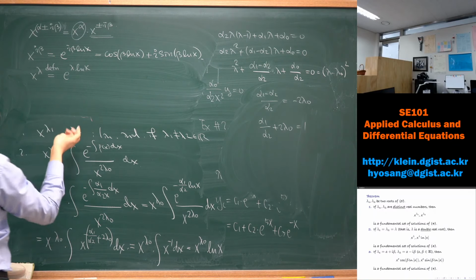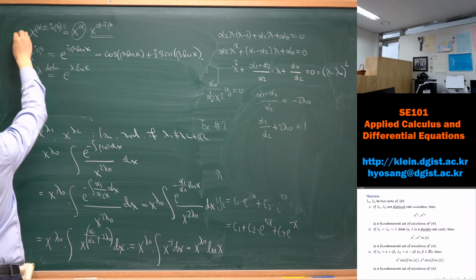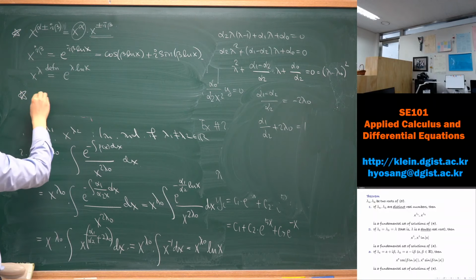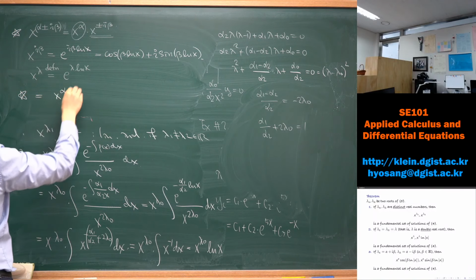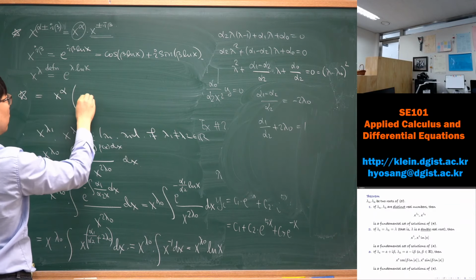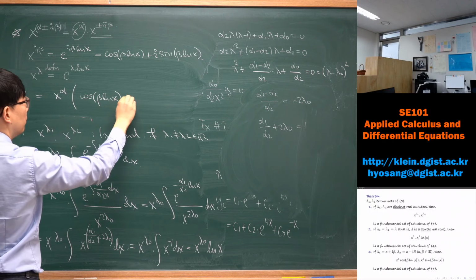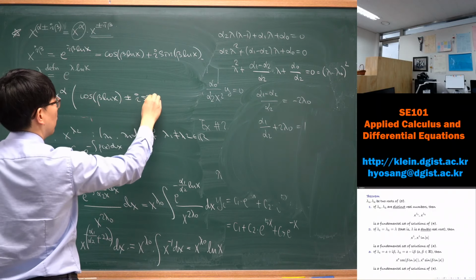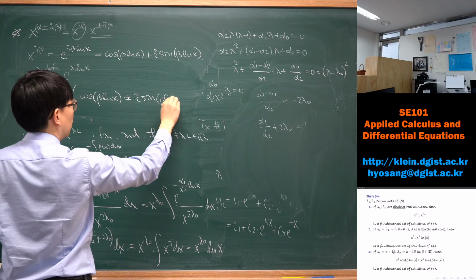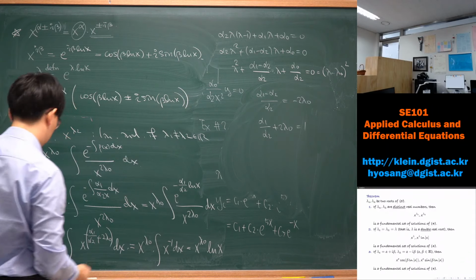So this part now becomes x to the alpha of cosine beta ln x plus minus I sine beta ln x.